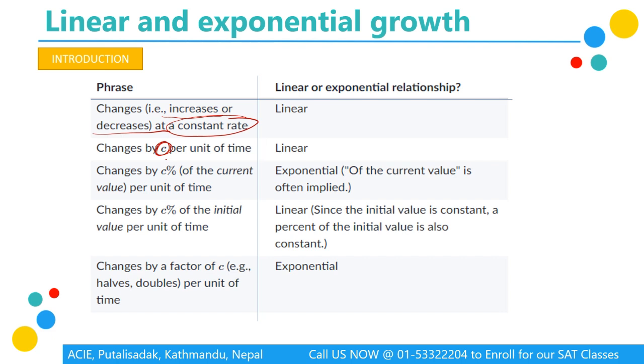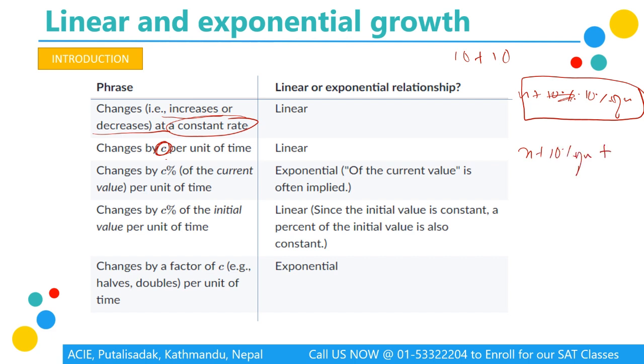For example, in the other example, 10 plus 10 plus 10 was being added, whereas in exponential, it's 10% of x plus 10% of x. 10% of x was for Monday, but for Tuesday it's going to be x plus 10% of x. So we're not going to add 10% of x again, we're going to add 10% of x plus 10% of x. So the number that we're adding has increased. The number that we're using is different each time.